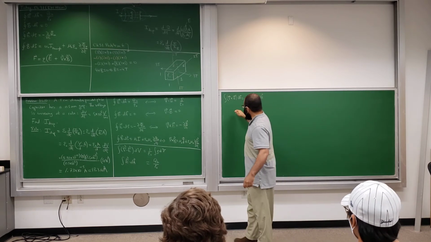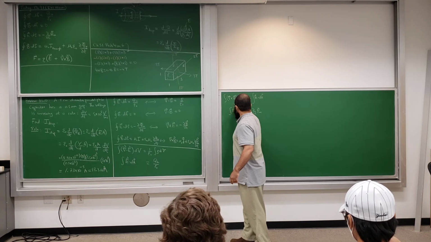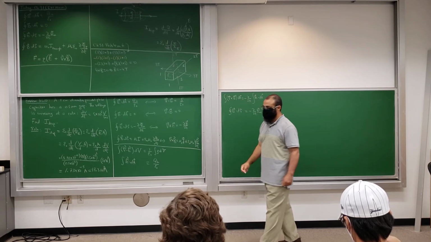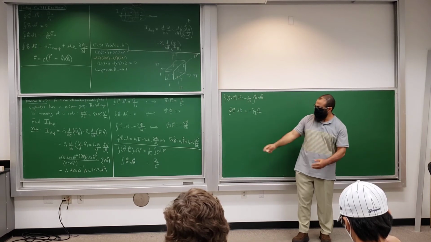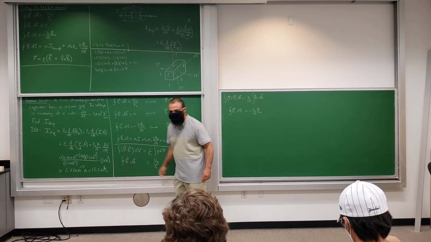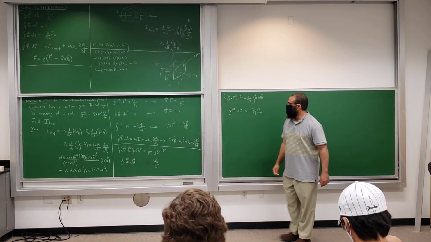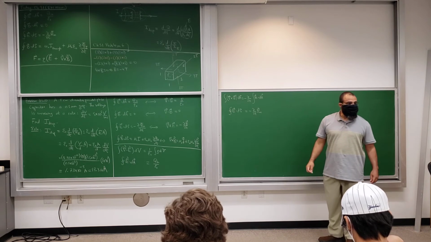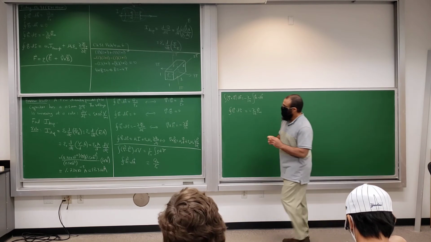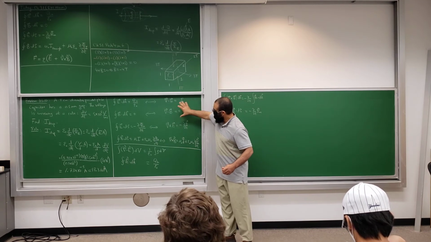And so this can be written as E dot ds over the closed loop. Oh, by the way, the other one should be closed, right? So this is the area that encloses the charge. Okay, so that's that. Anyways, I just wanted to assure you that these correspond to these.